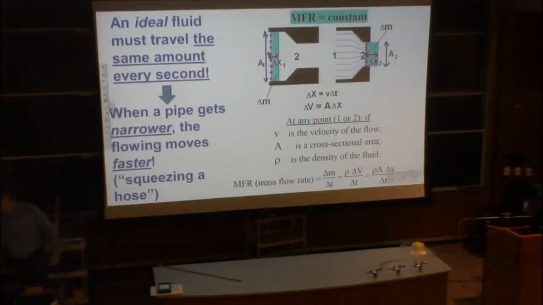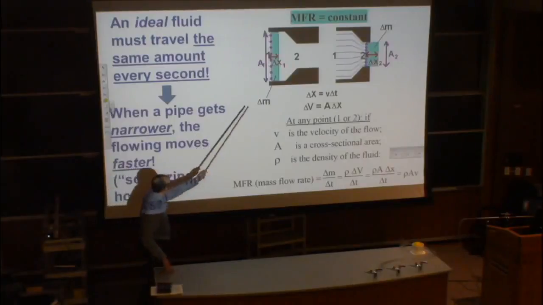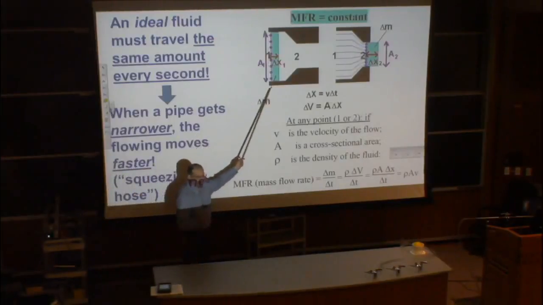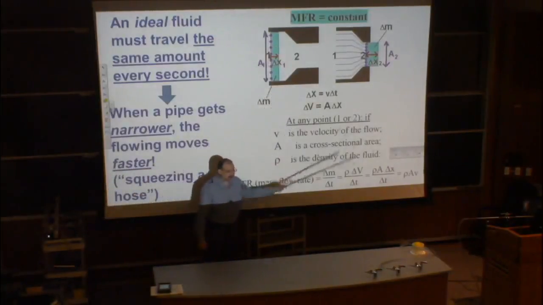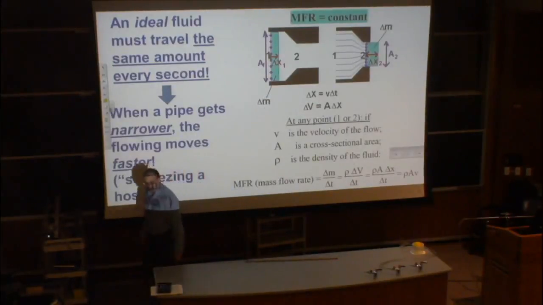For example, first conclusion comes from the fact we cannot compress it. If we cannot compress it, that means the amount of fluid which travels through the pipe every second is the same. If 1 kilogram enters the pipe here, in a second, 1 kilogram has to leave the pipe in a second.